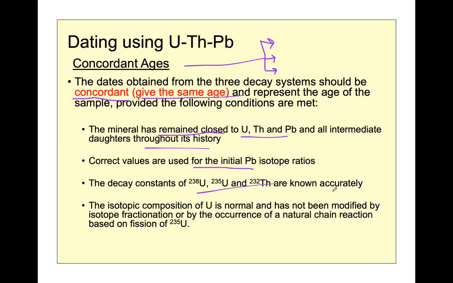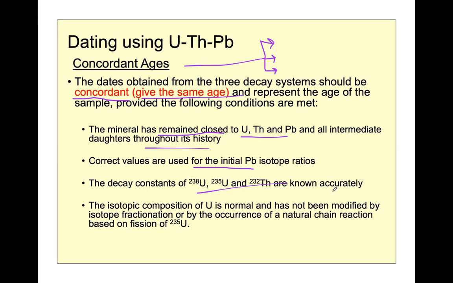And the uranium has not been disturbed, or thorium has not been disturbed. For example, if processes like metasomatism occur in the rock, or in other words some melt-rock reactions happen throughout the history of the rock that you are considering, then it will be a problem, right?